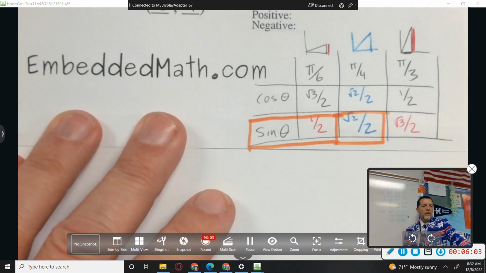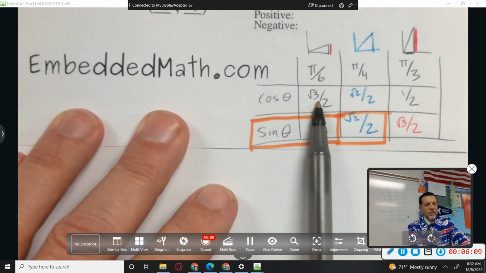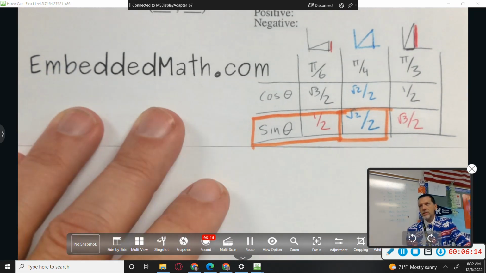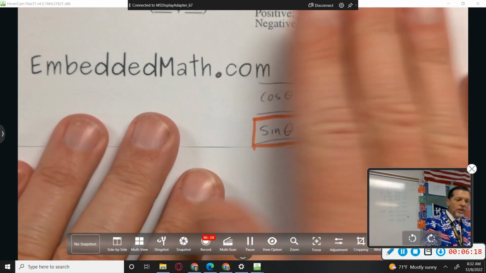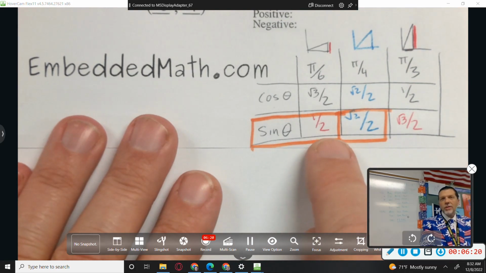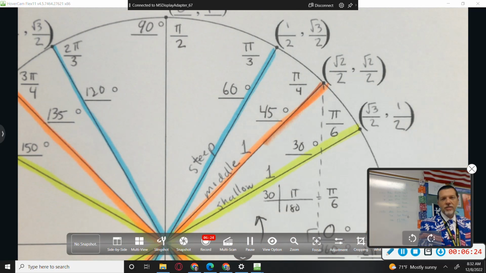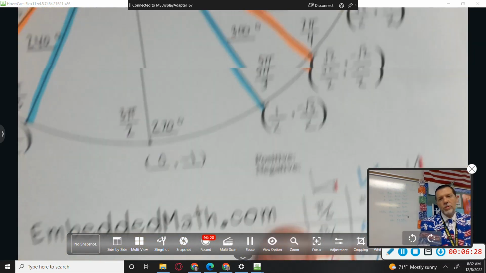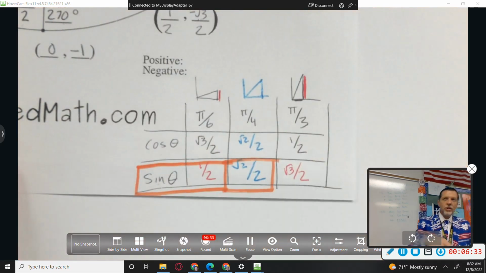If you memorize that the sine of pi over 6 is 1/2, then you know that cosine is the other one, and they flip for pi over 3, and then for pi over 4, they're both root 2 over 2. So again, some people are going to memorize the table, other people are going to memorize part of the table, other people are going to be like, I don't need the table, I can just figure it out. Kind of up to you what method you want to use, but we've got to get to a point where we don't need the unit circle to know all the values.